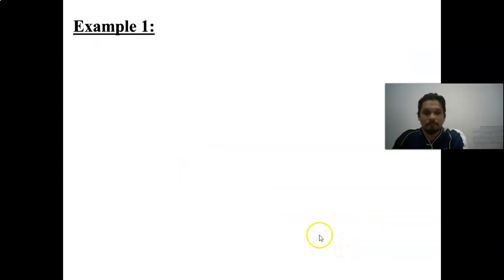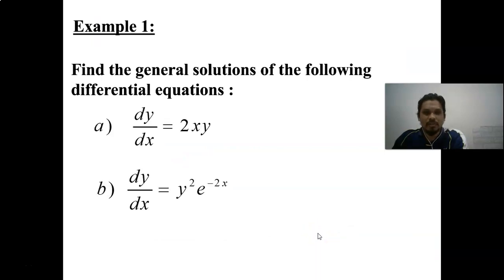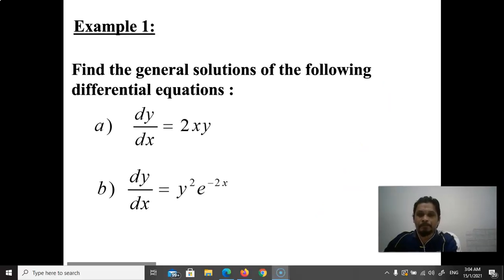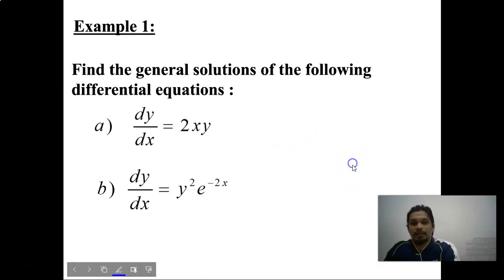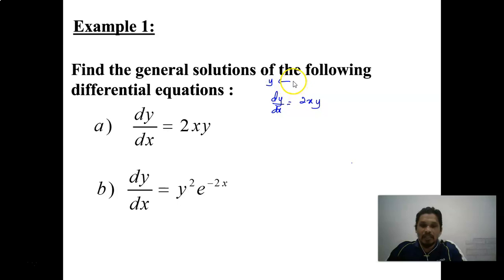Okay, find the general solution for the following differential equation: dy dx equal to 2xy. As I mentioned just now, on the left side is all y, and on the other side is all x.